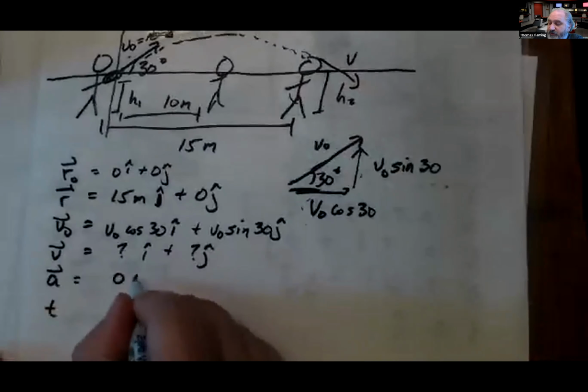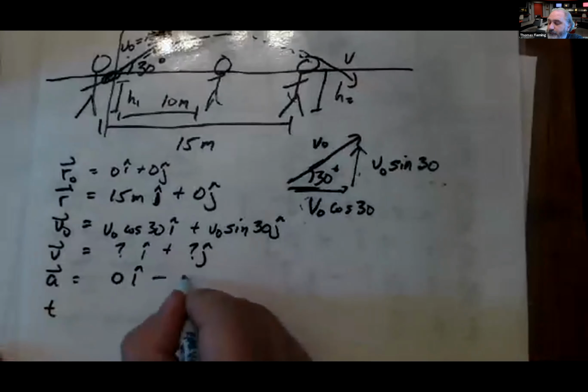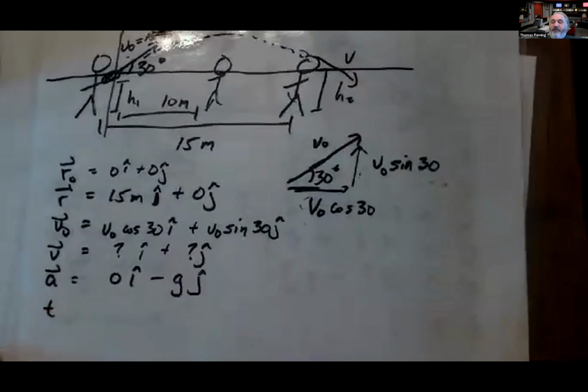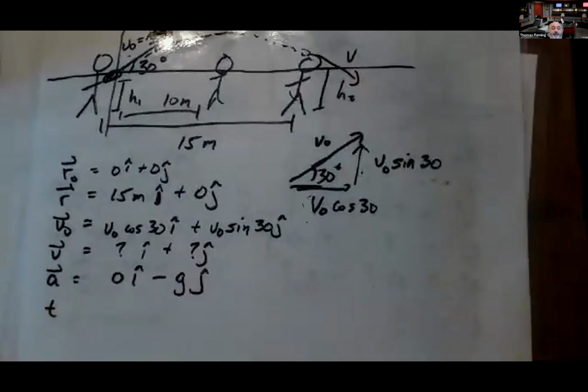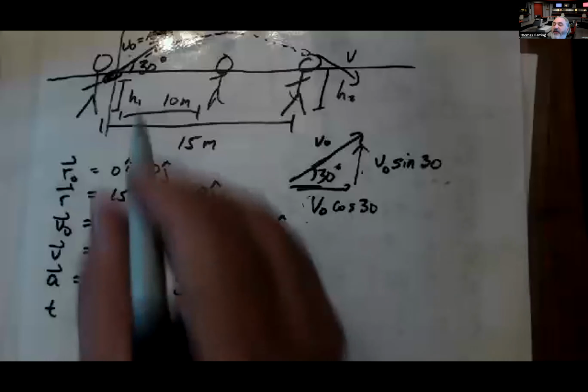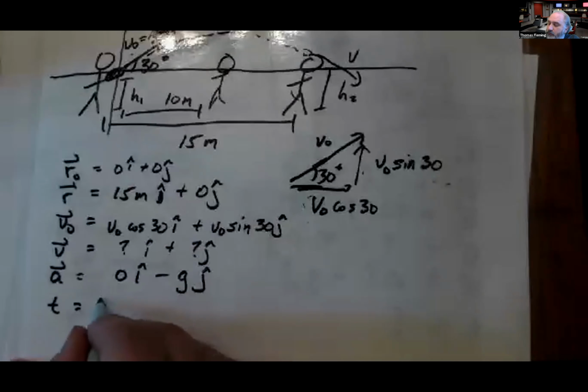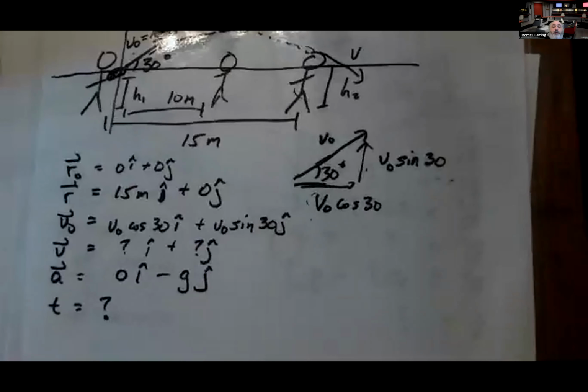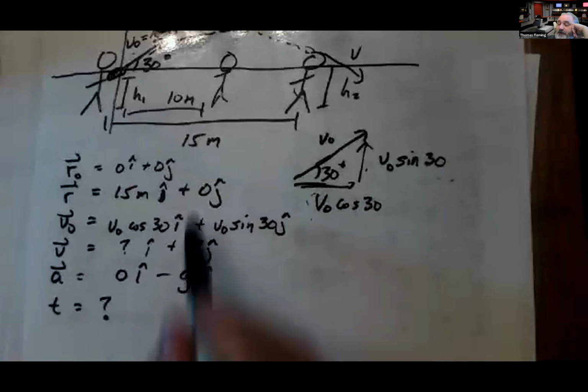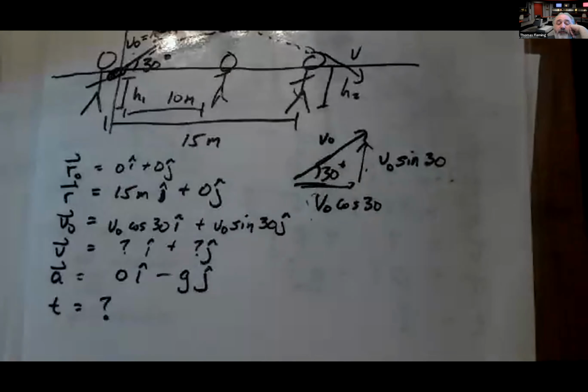So the acceleration is not sideways, but it's G, or 9.8, in the Y direction. And it's going to take a certain amount of time for that football to reach the dude. So there's my set of original items.